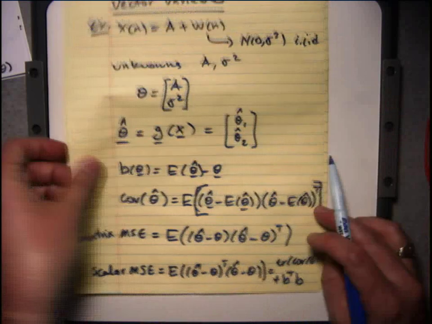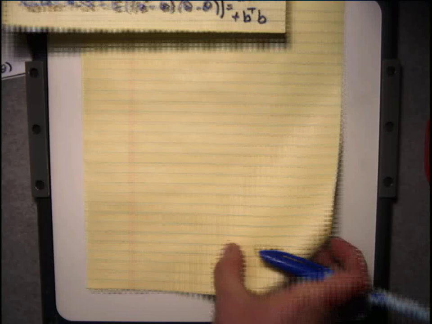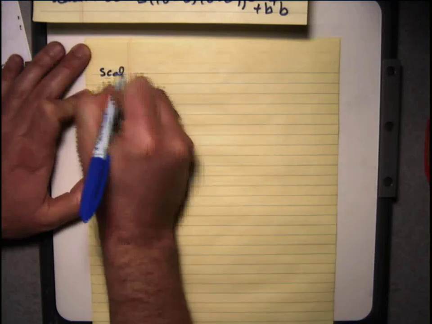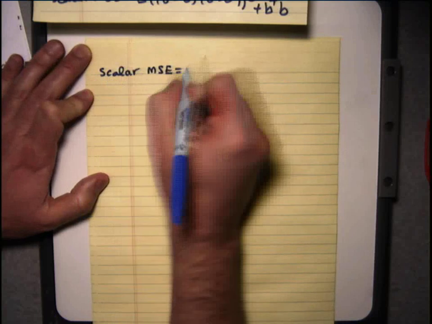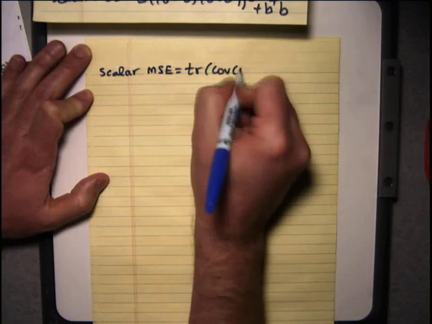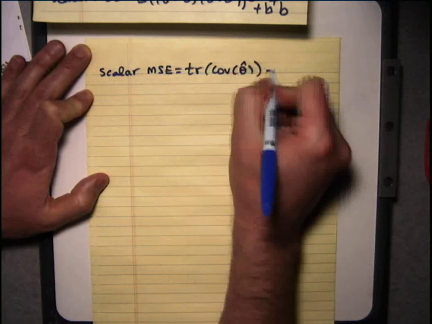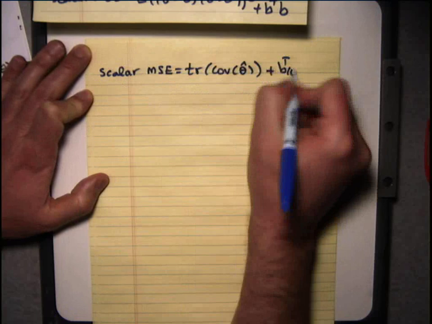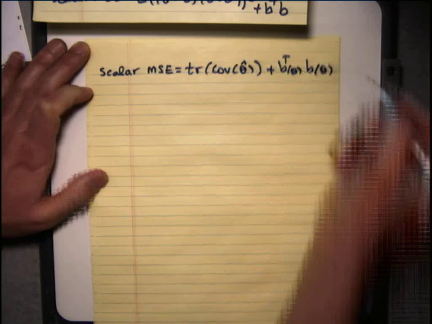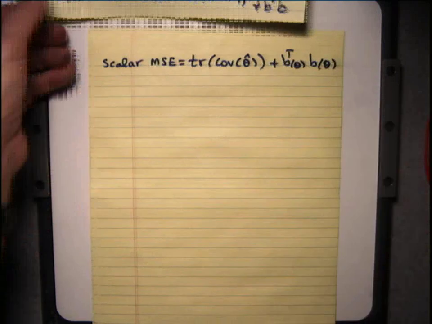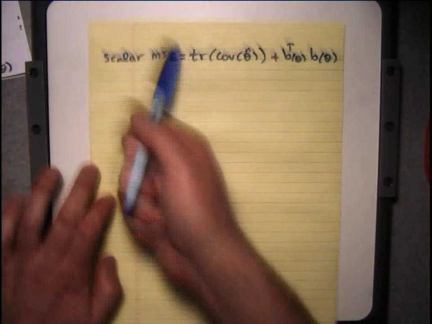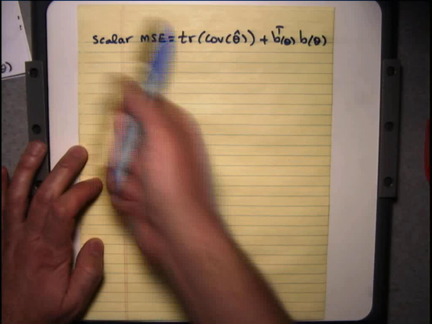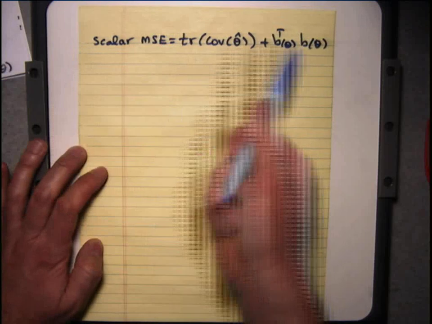Let me write it out again a little cleaner. Scalar mean squared error is the trace of the covariance of theta hat plus B transpose of theta, B of theta. In other words, here too, the scalar quantity you can define as the mean squared error is the sum of two terms.